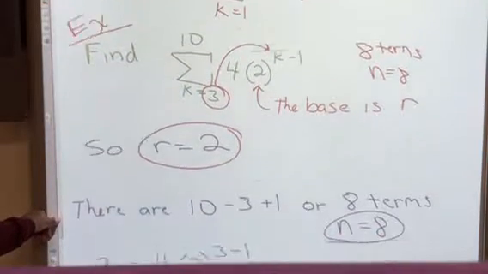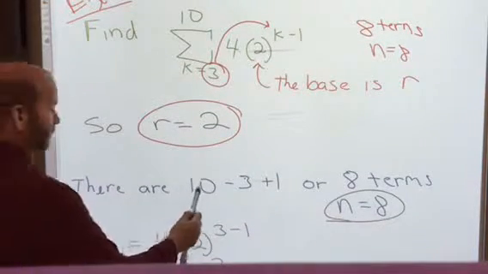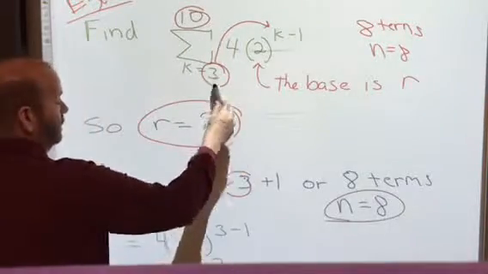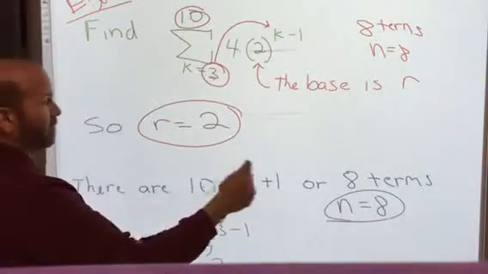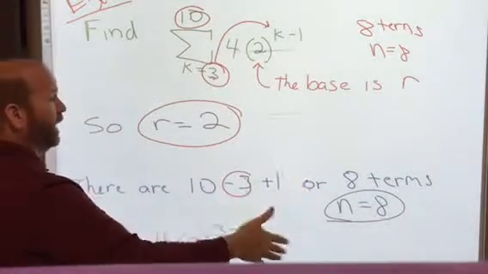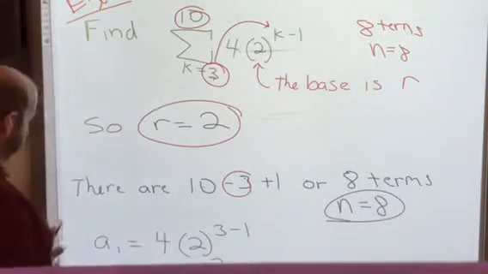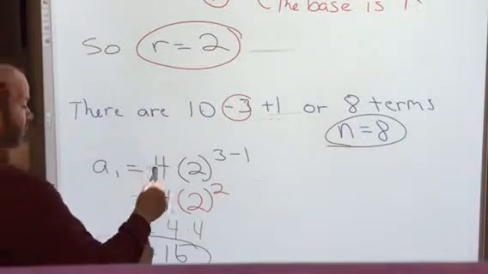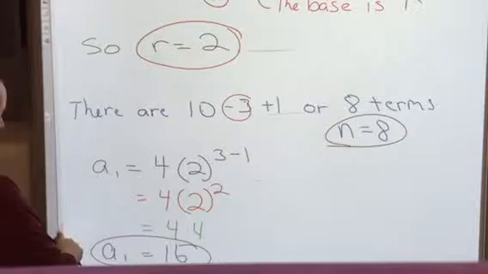I figured out there are 8 terms because it's 10 minus 3 plus 1. When you do the subtraction, you lose one of those. When you count on your fingers and include 3 and include 10, you get 8. So a sub 1 is 4 times 2 to the 3 minus 1.